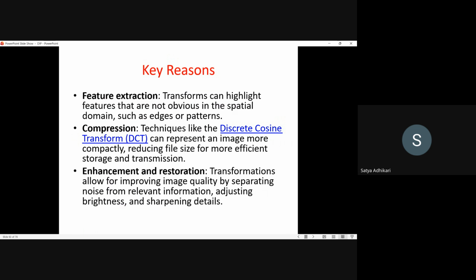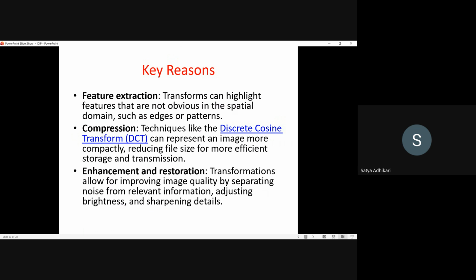Techniques like DCT can represent an image more compactly, reducing file size for more efficient storage and transmission. That is why we know that DCT is used for file compression. Enhancement and restoration: transformation allows for improving image quality by separating noise from relevant information.